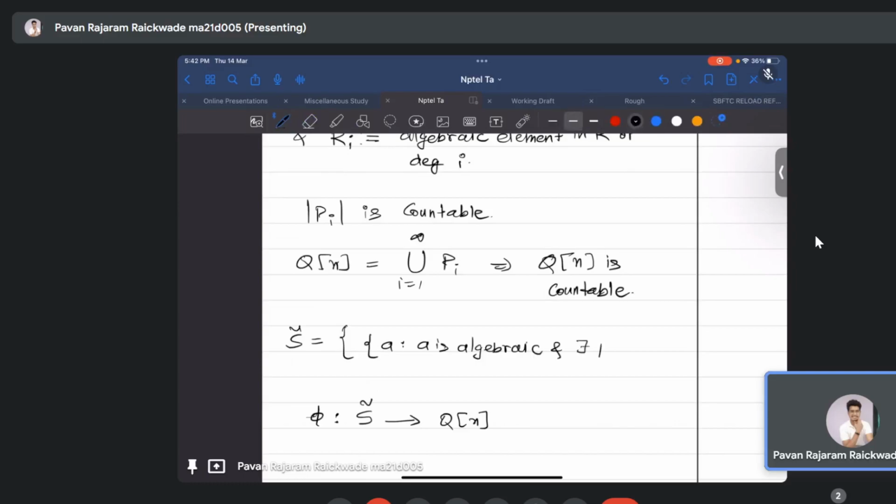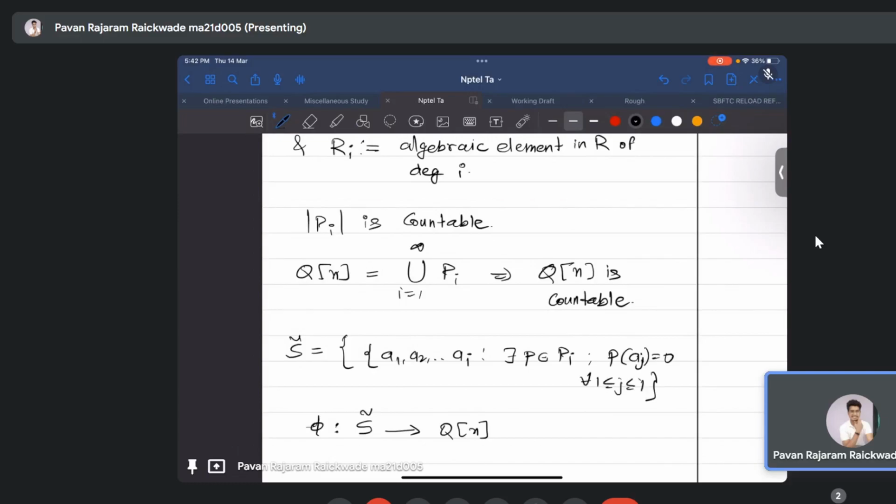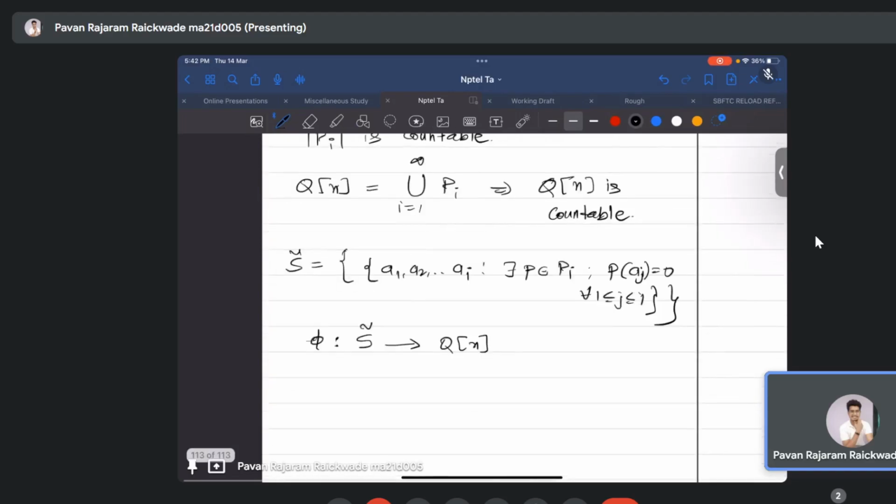Basically, there exists a collection A1, A2, up to A_i such that there exists a polynomial P belonging to Q[x] such that P(A_j) equals 0 for all 1 ≤ j ≤ i. So a collection of all these kinds of sets, collection of all A_i's, this is my S tilde.